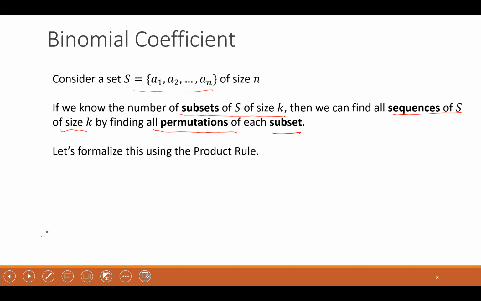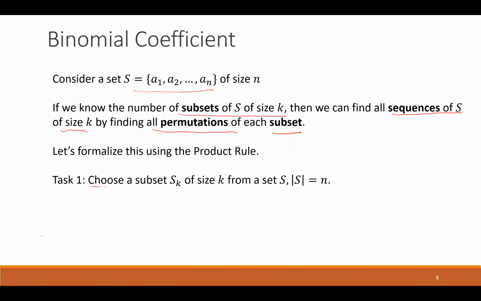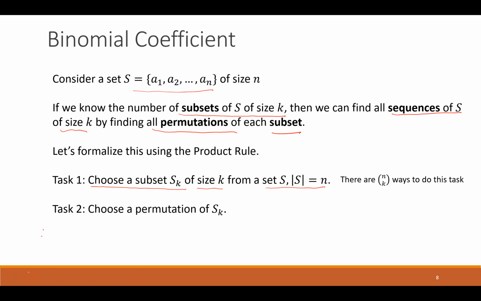So I'm going to have a sequence of tasks. My first task is to choose a subset S_k that has size k from my set S that has size n. There are n choose k ways to do this task, by definition. We still don't know what n choose k is, but we're going to use it.